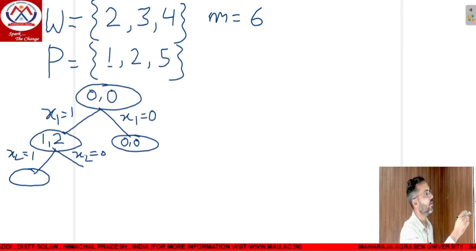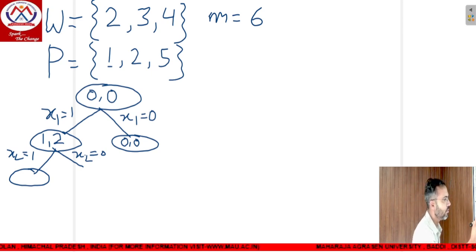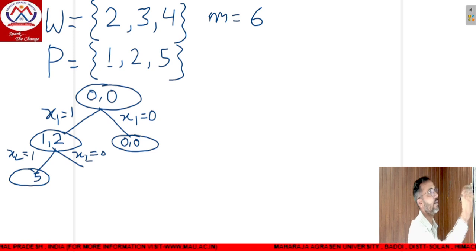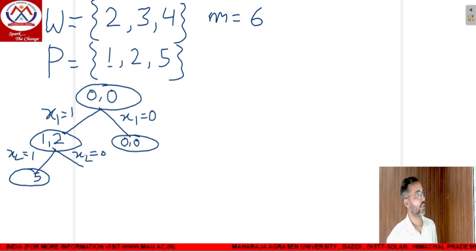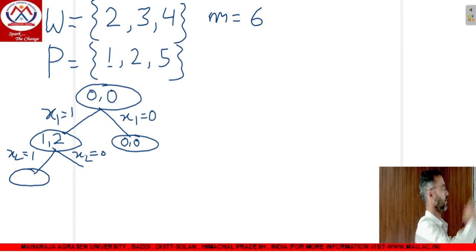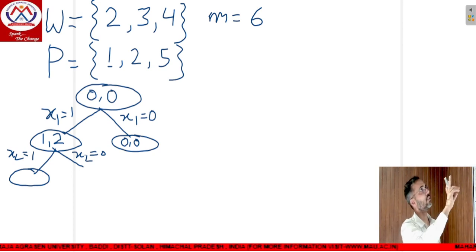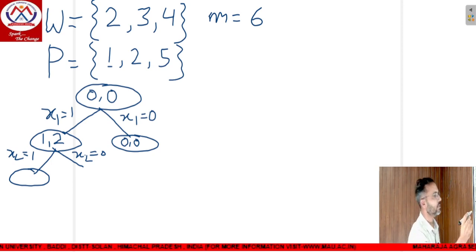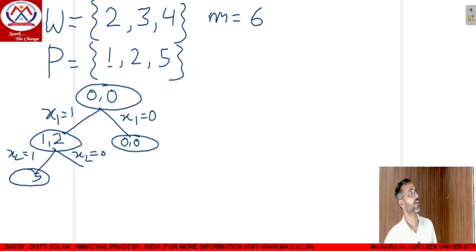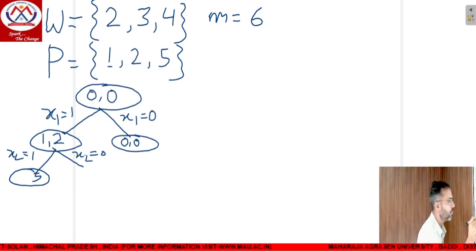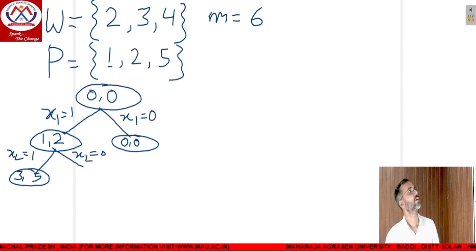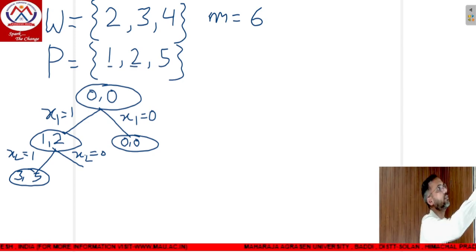We add it to the previous one, 2 plus 3, that is 5. We have selected the first weight and the second weight, so the total weight is 5, and the total profit is 1 plus 2, that is 3.